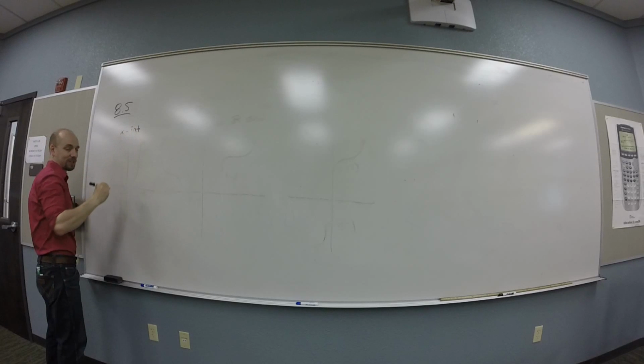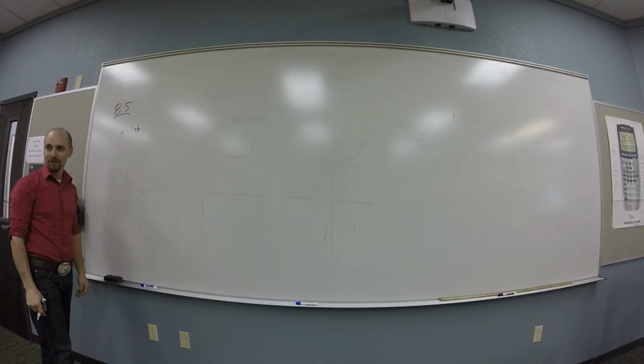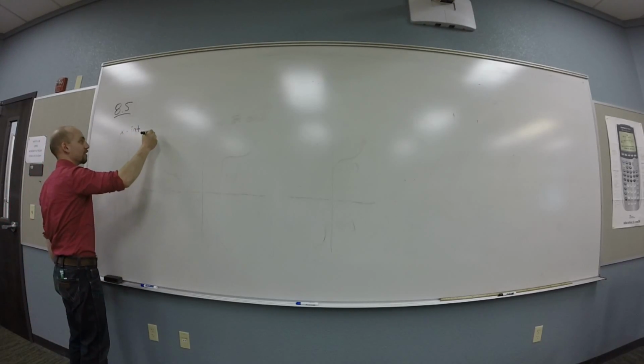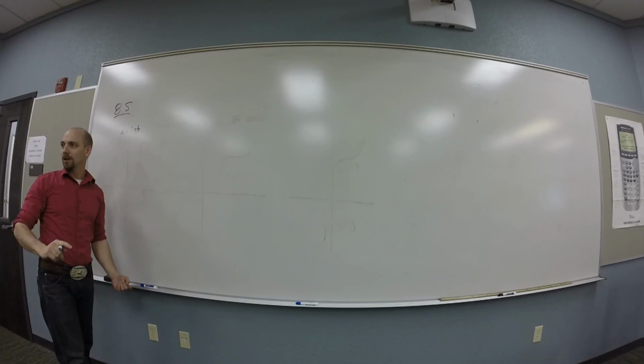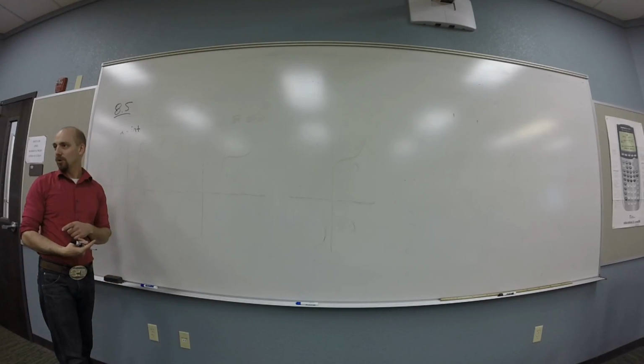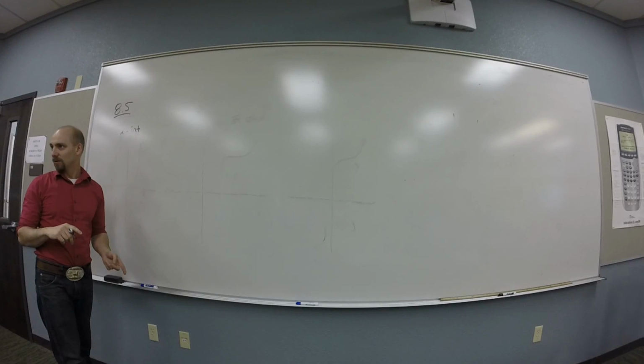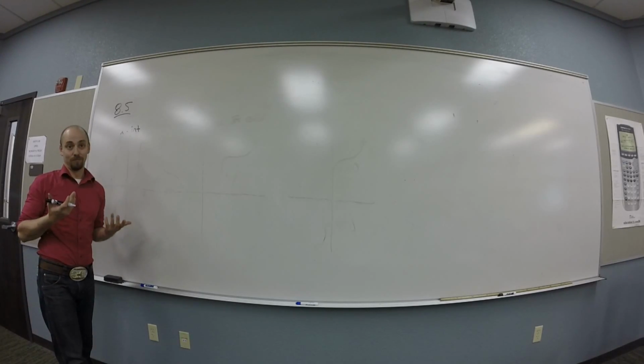Okay, how about this? You guys tell me, what's an x-intercept? Okay, that's where the function crosses the x-axis. So is that put in 0 or set equal to 0? Convince me, one way or the other.